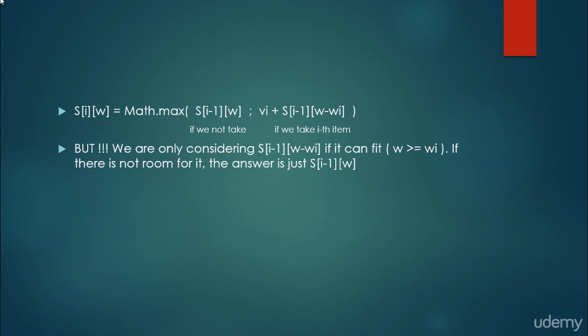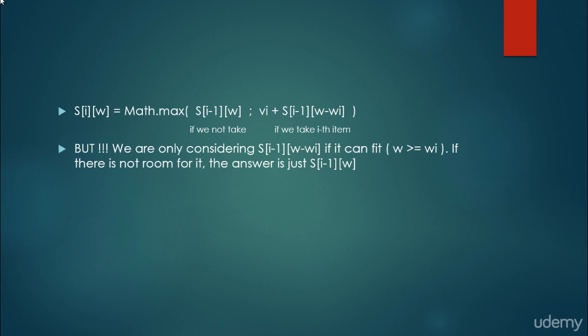Of course, we have to reduce the weight by the weight of the item we have taken, but we are going to see an example. I know this matrix form makes little sense in this form, okay, but it's very important that we are only considering S(i-1, w - w_i) if it can fit in our knapsack.